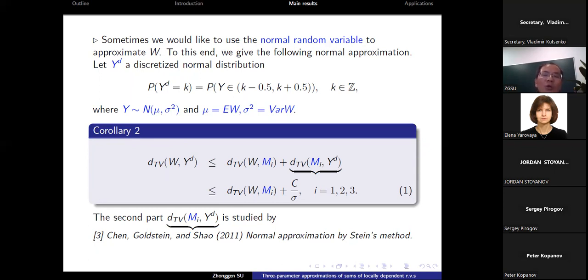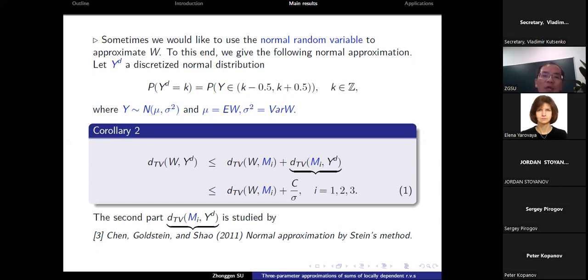Because W is an integer valued random variable, it is better to use a discretized normal random variable Y_D. Y_D is defined as this. It is also an integer valued random variable.